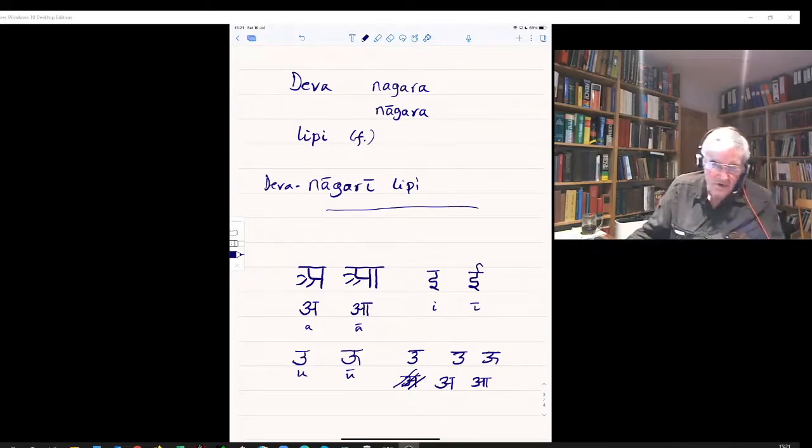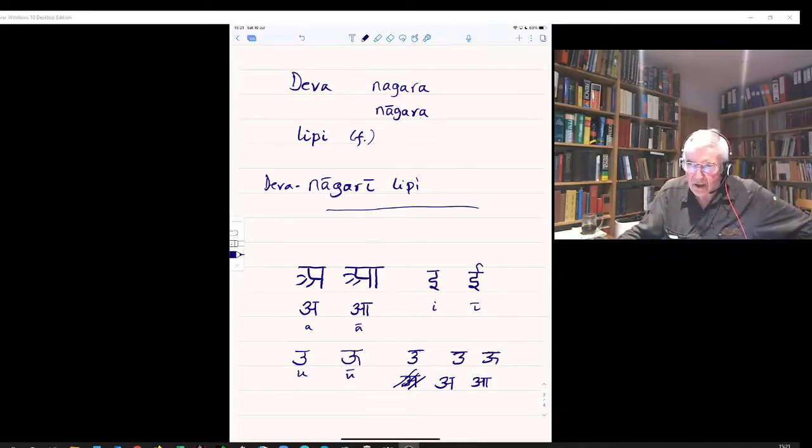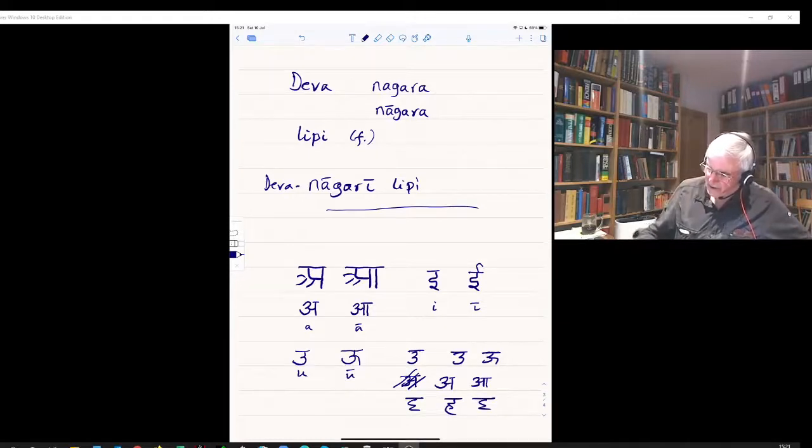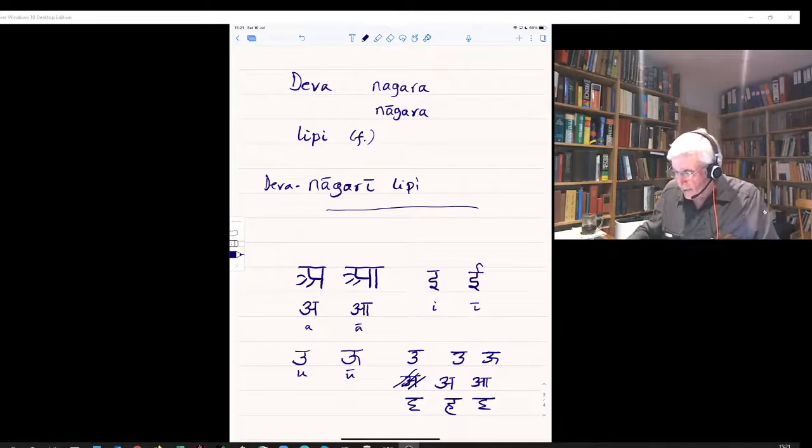In printing, it's always perfectly clear. It's just in quick handwriting there may be a confusion. Another possible source of confusion is the H is often written like a 3 backwards. In full, it's written like that, but sometimes in quick writing, it'll be like that. So it could be confused with U if you aren't being careful. Anyway, don't bother to get all this into your heads yet. We'll be dealing with it in detail slowly as we go along.